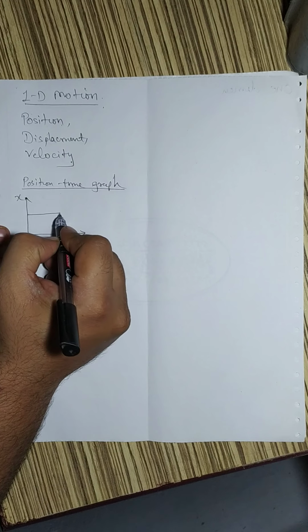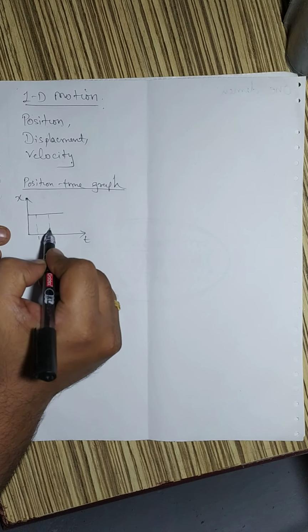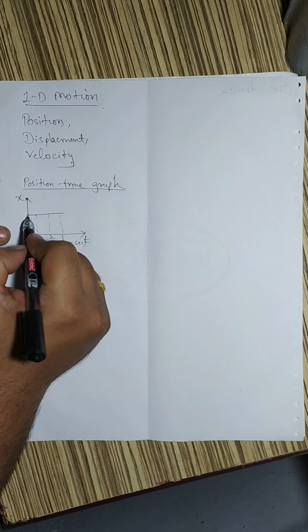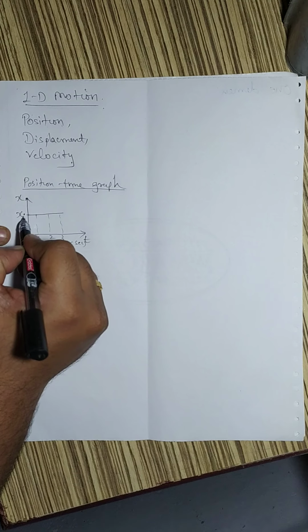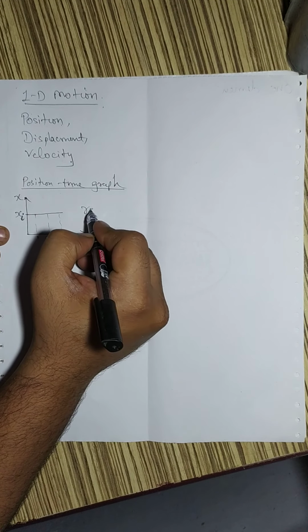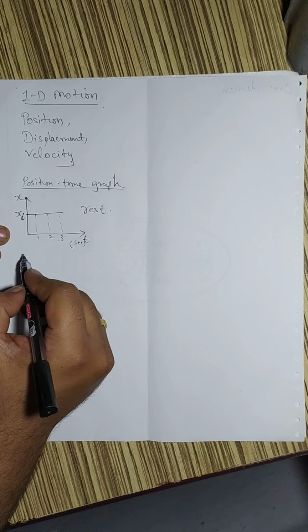As the time is increasing, let's say time is in seconds, the position of the body is remaining the same. This is some initial position of the body, it remains as it is. So this graph represents rest. Rest means no change in position.